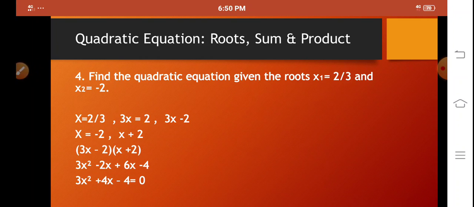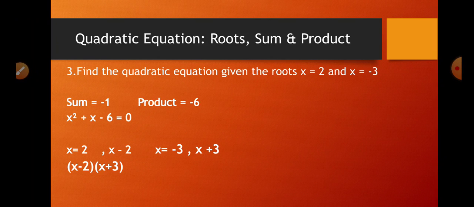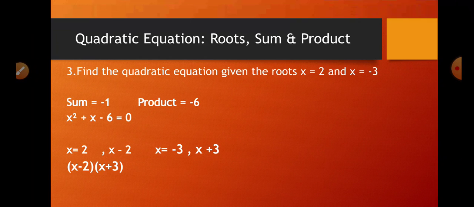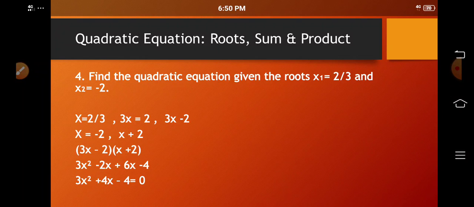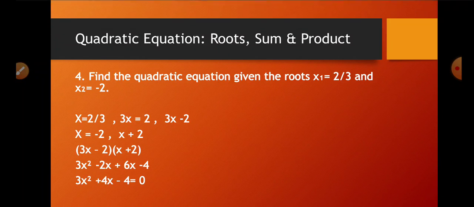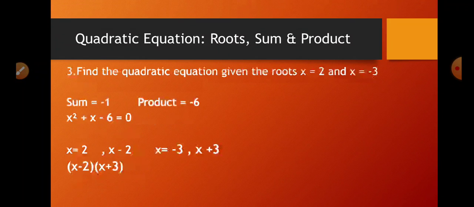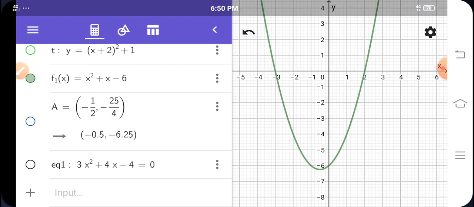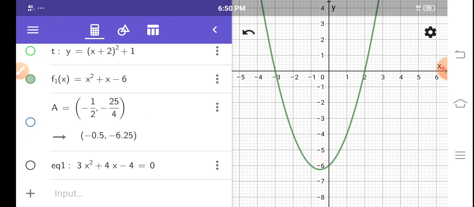Now, when we say roots, what does it mean? So let's go back to our problem number 3. Let's graph our problem number 3.